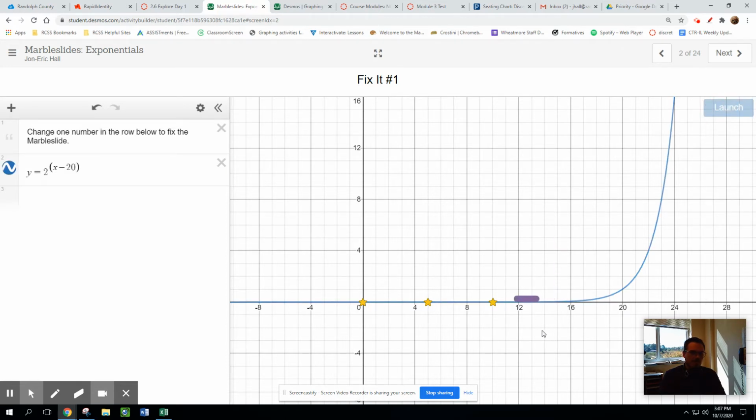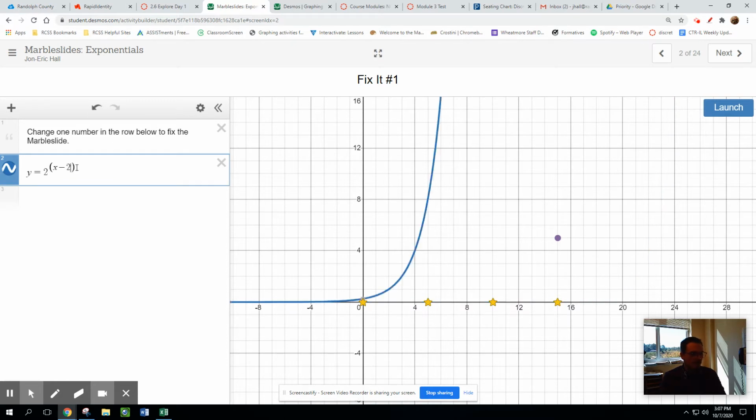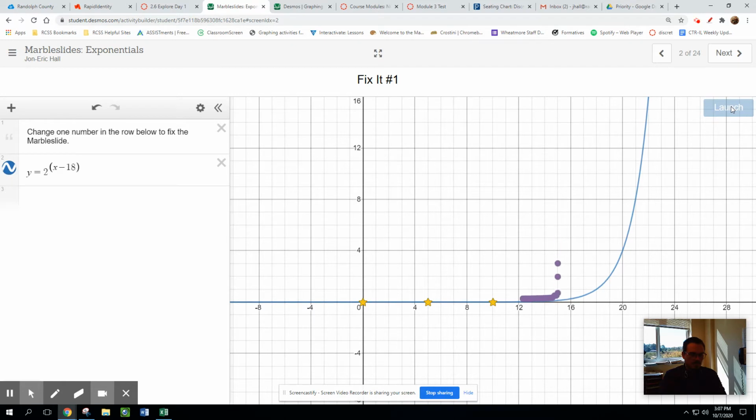Ooh, are we going to get the rest of them? Looks like it's going really slow. Will we get them? Hmm. That looked like we were going to get them. Got it.